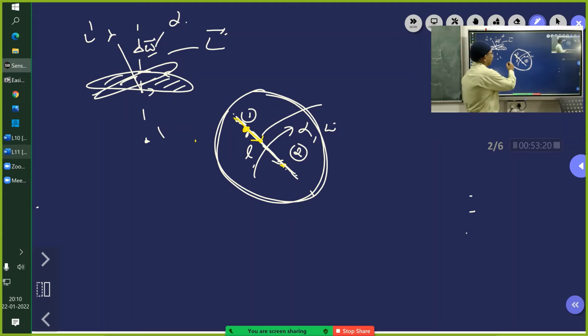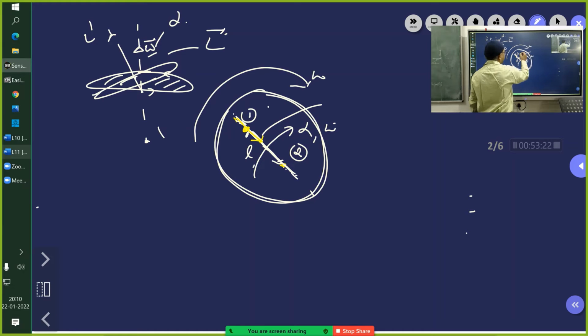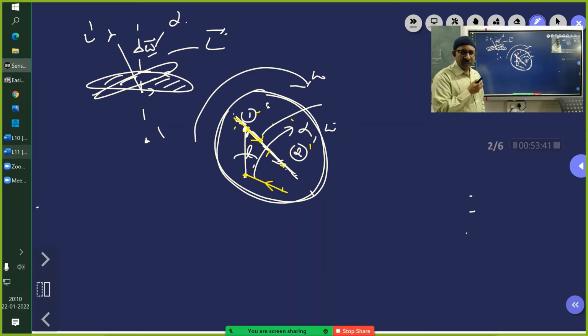If this rigid body is rotating, any point you take, if I take this point with respect to this point, this will also be rotating. With respect to any point, all points will be rotating. Then along the line joining these two points, there will always be centripetal acceleration. That is the answer.